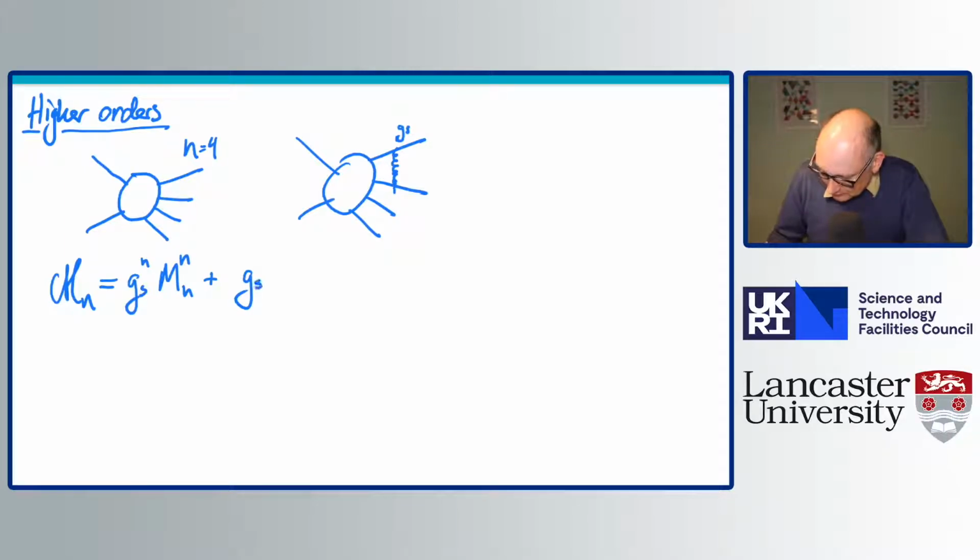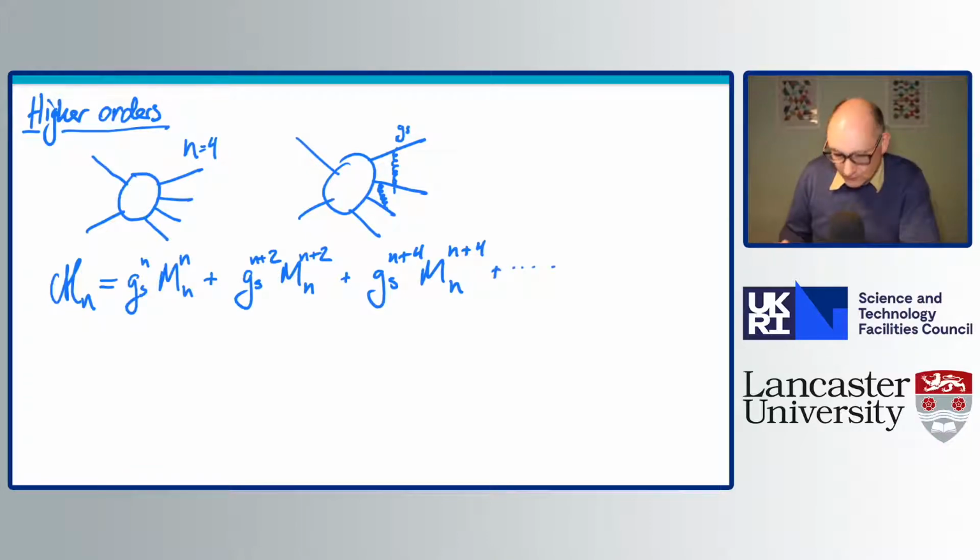So there's a g_s^(n+2) M_n, we want n external legs, but now the coupling is n+2. If we were to calculate the next order in the expansion of this scattering amplitude, then again, keeping the number of legs fixed, we would have to emit and absorb any radiative correction. So there will be a g_s^(n+4) M_n, n external legs, coupling n+4, and so forth.